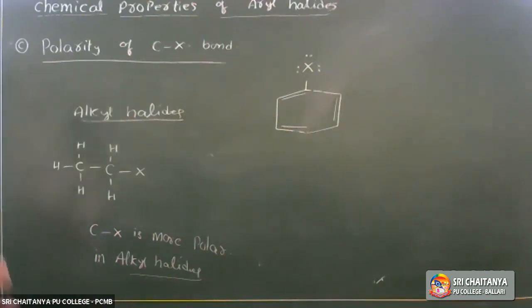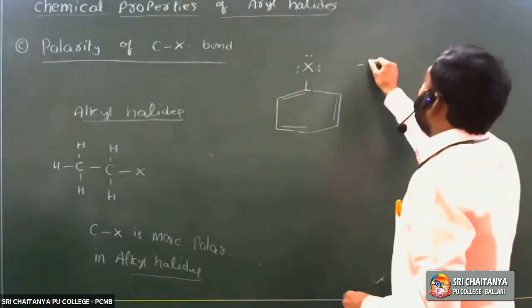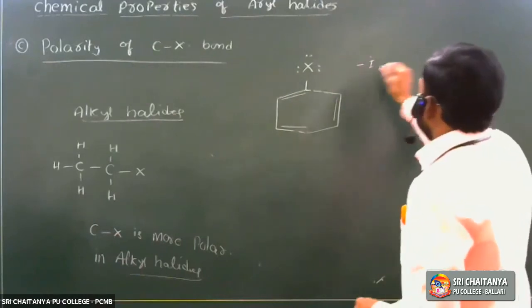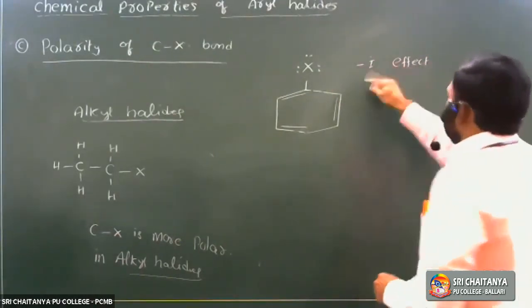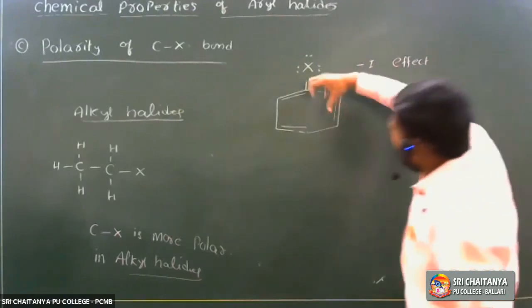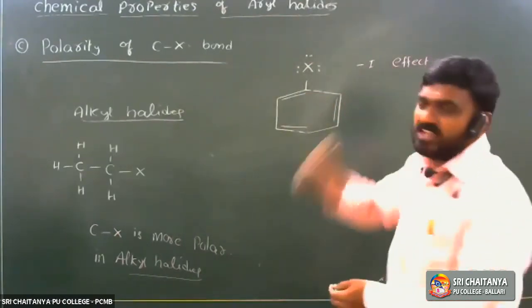What is the nature of halogen? It has a minus I effect, a minus inductive effect. It can withdraw the electrons towards itself; that is called the minus I effect.